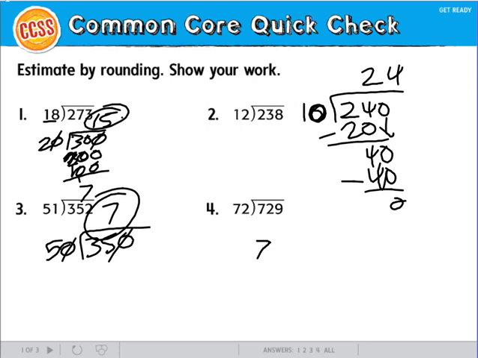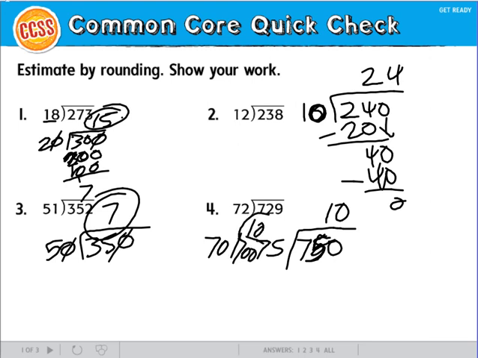Do this a couple ways. Round to the nearest 5, and that's going to give you that. 750. Or you can round 70 to 700, which will still give you 10. Okay.